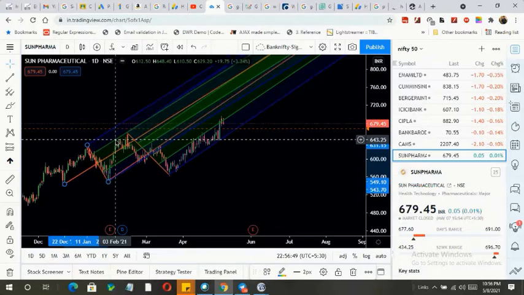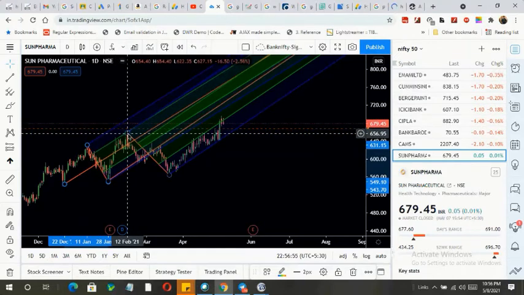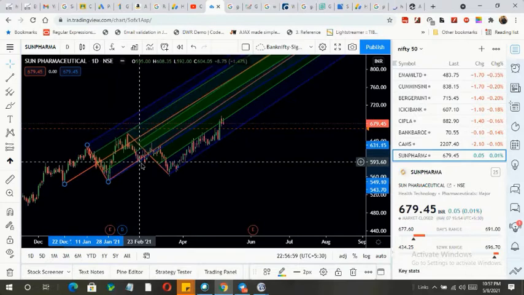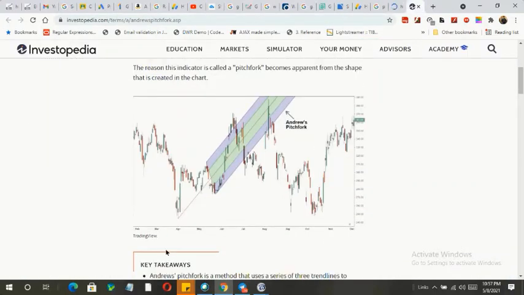In that resistance area the stock, Sun Pharma, wasn't able to cross above, and when it broke down from here, it reached the lower level of the pitchfork. Okay, so if you go to this Investopedia, they are saying the same thing. See what they have done: they took the 3 points, first point, second point, third point. So 3 swing points you have to take: low point, high point and low point.